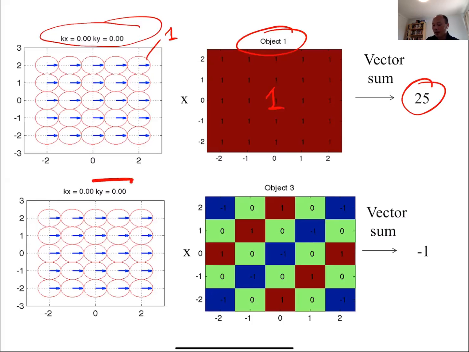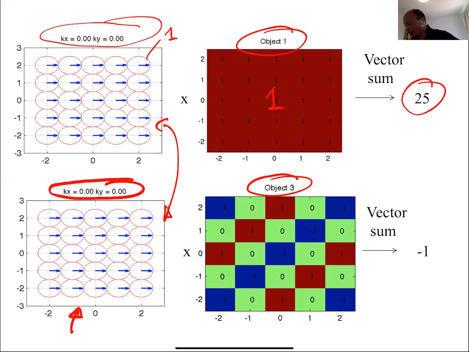Now here I'm at the same location in k-space, so the spatial patterns are exactly the same. All I've done is change my object. Now this is a funny little object where I have ones along these diagonals and minus ones along these other diagonals.